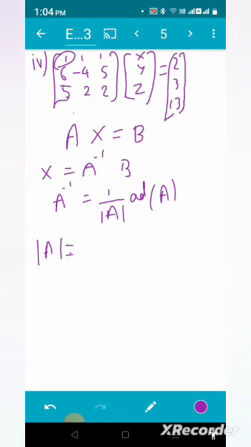So the determinant of A is equal to the first one, 1 into, the corresponding row and column get cancelled, the balance are evaluated: minus 8 minus 10.